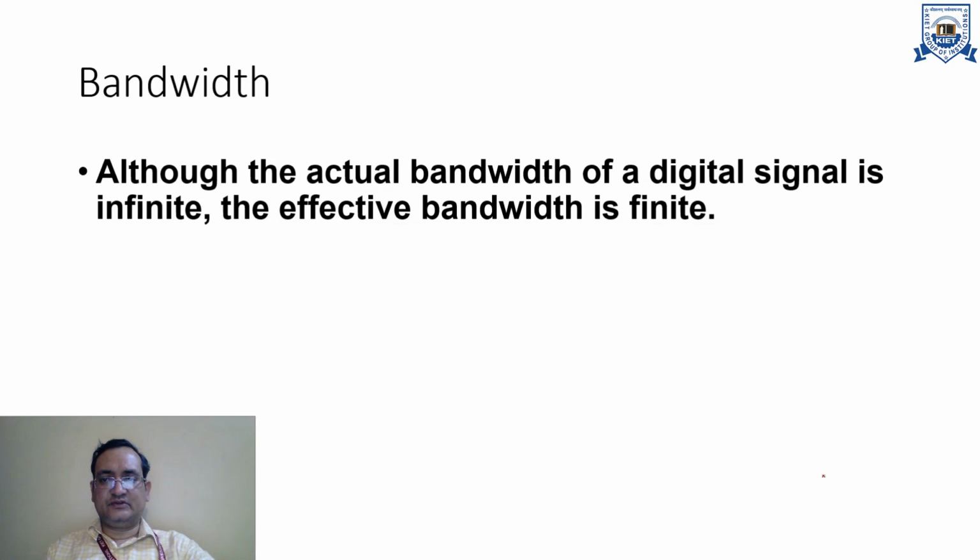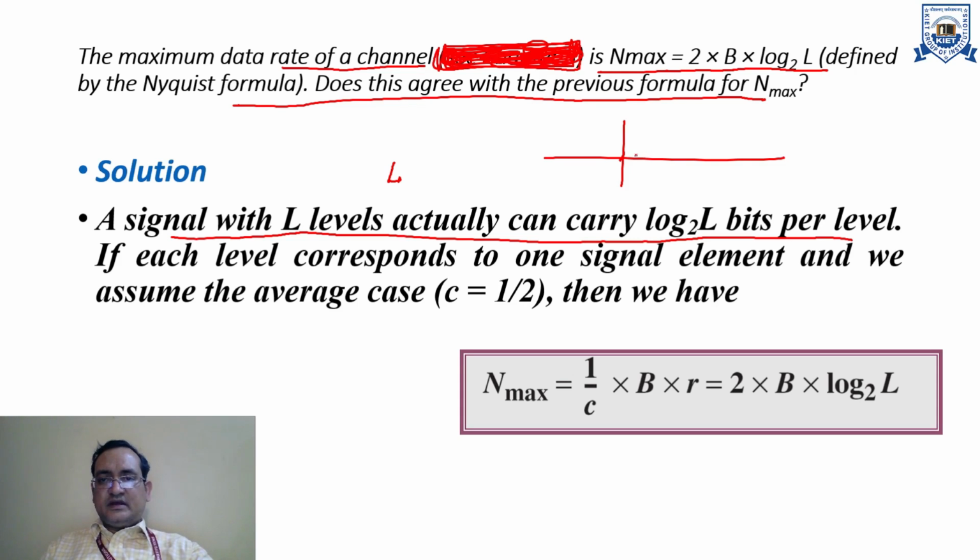Although the actual bandwidth of a digital signal is infinite, the effective bandwidth is finite. Let us suppose I am dividing my signal into L number of levels, like 1, 2, 3, 4, 1, 2, 3, 4. That is a total of 8 levels.